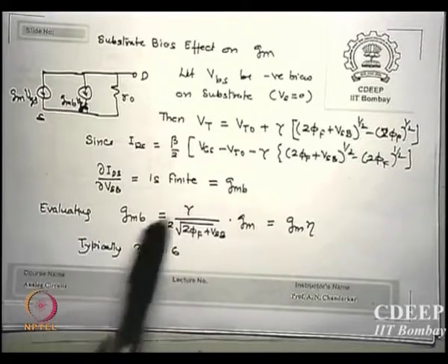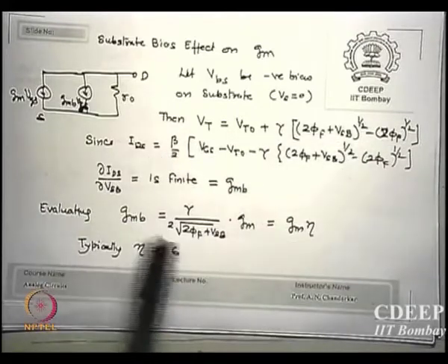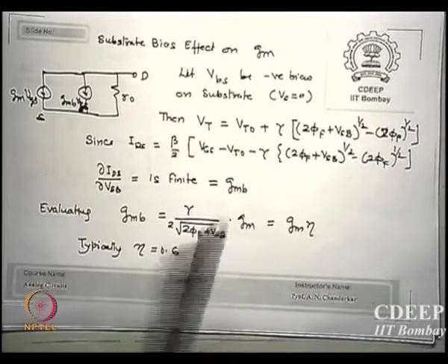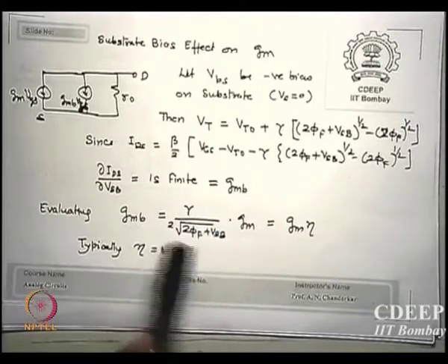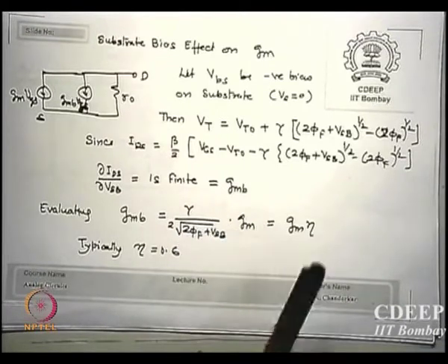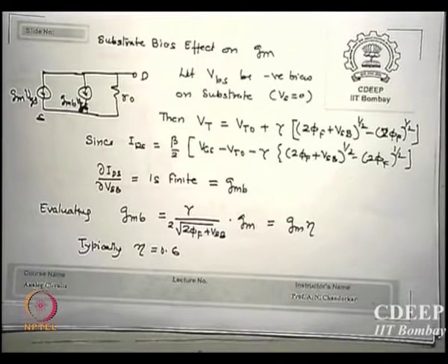If I differentiate this, I get gamma upon 2 phi f plus VSB times GM, and this whole factor, gamma upon the square root of 2 phi f plus VSB, is given a name, eta. Typical eta value is 0.6.